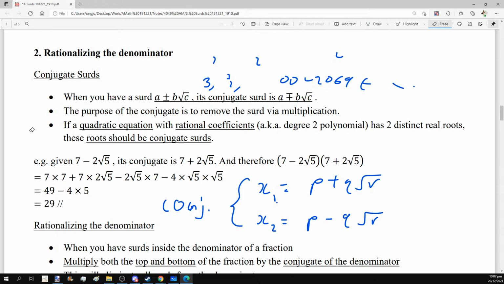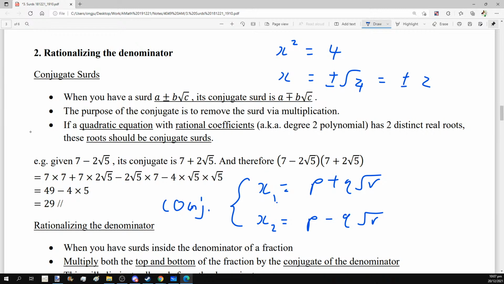In fact, strictly speaking, this is true even if you only have a single answer. For example, let's say x squared equals 4, and then x equals plus minus 2. Even if you don't have any complicated stuff, doesn't matter. You still have the conjugate, right? Plus root 2. No, sorry, let me change that. There we go. So plus 2 and minus 2.